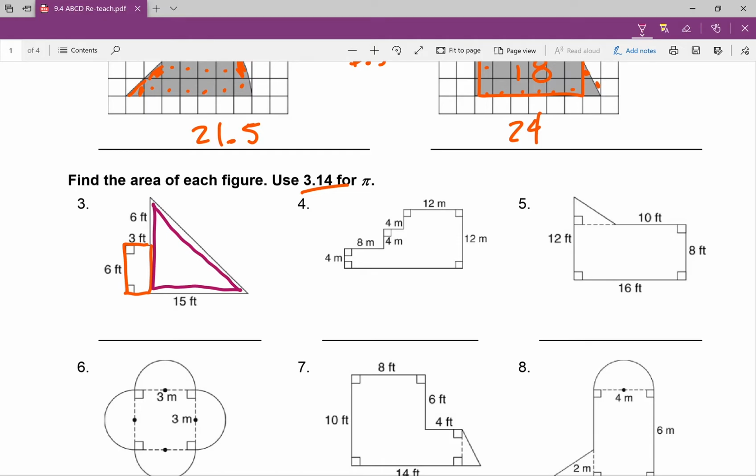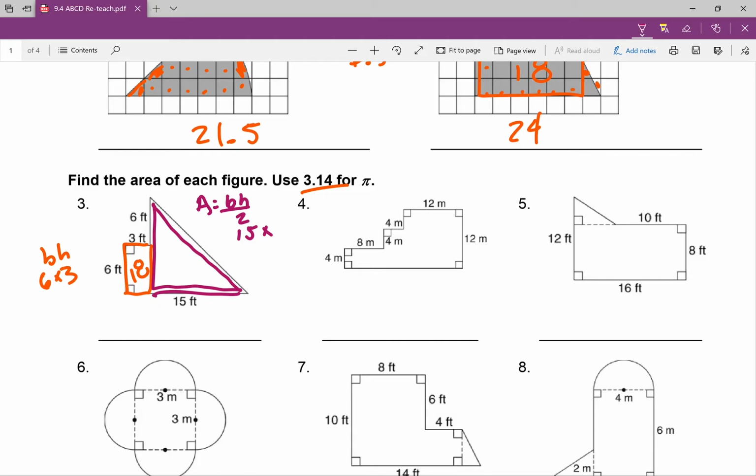The area of a triangle is base times height divided by 2, and for the rectangle it's just base times height. So in this one it's 6 times 3, which is 18. For the triangle it's base times height, which is 15 by the height.